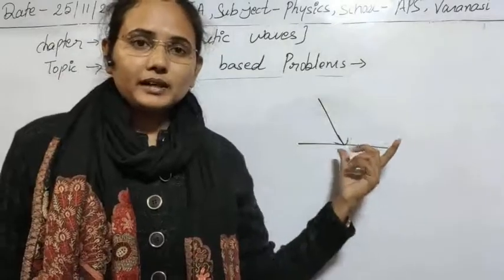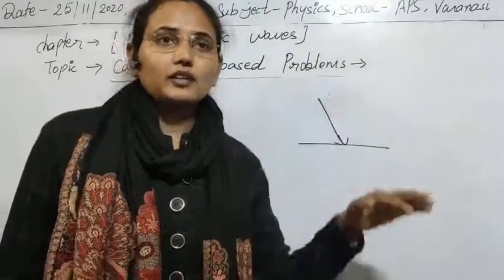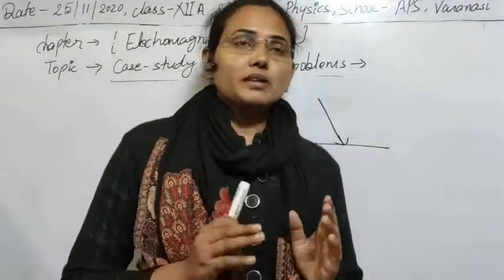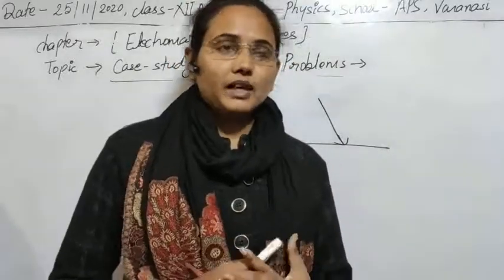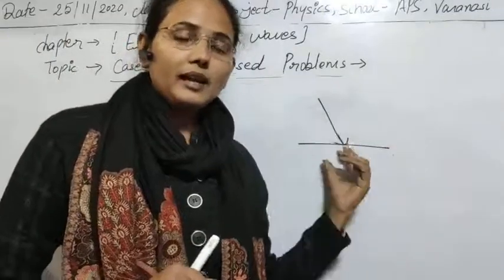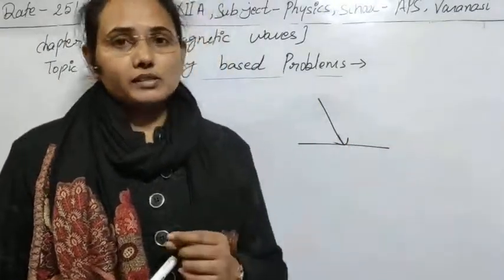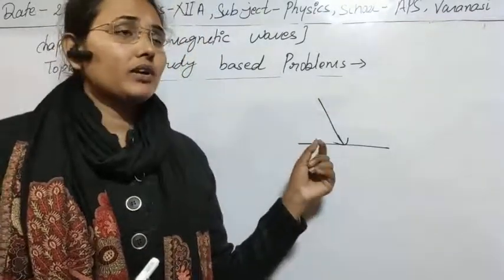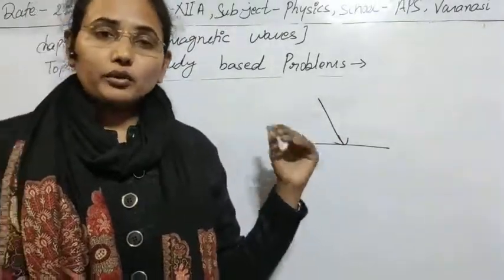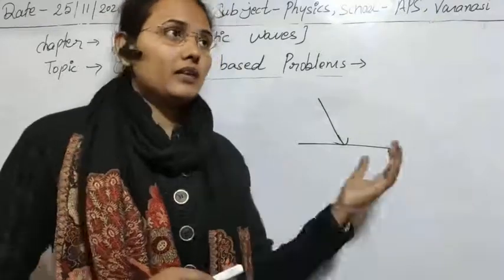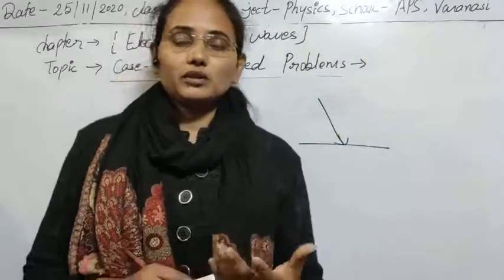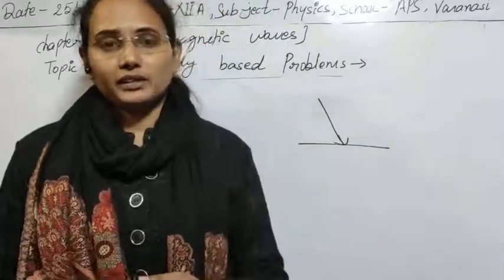If the surface is metallic, then you know that if light or any electromagnetic wave of suitable frequency, greater than its threshold frequency, falls on it, the photoelectric effect will be obtained. But if the frequency is below the threshold, then there is no emission of electrons and no photoelectric effect.